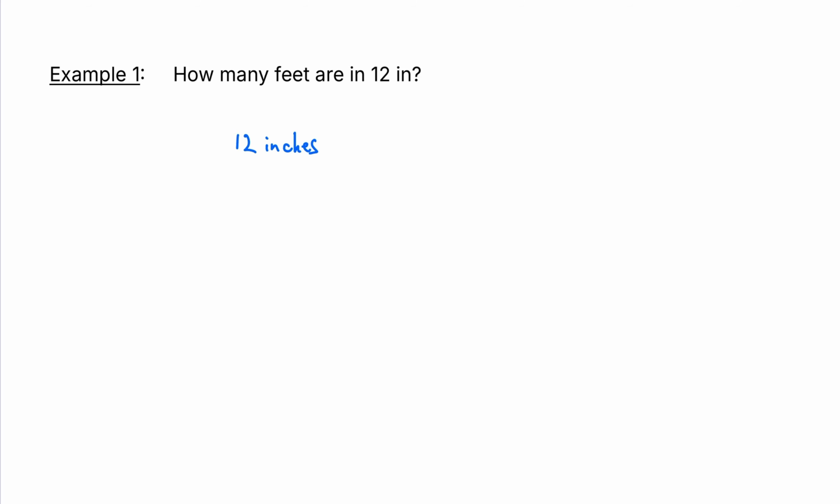Okay, then we're going to multiply this by a conversion factor. And I said earlier, this is the hardest part. So you need to know how many inches are in a foot. And you know that there are 12 inches in a foot. And so we would say there's 1 foot for every 12 inches.